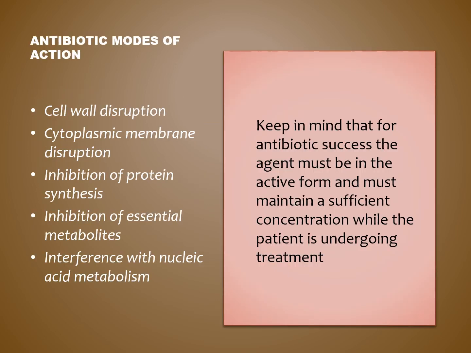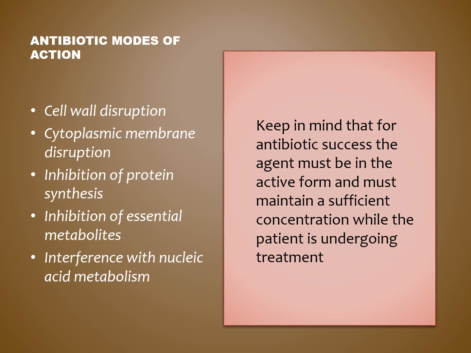Now, antibiotics work in a number of different ways, and we're going to discuss all the different ways that antibiotics work. Antibiotics work by disrupting the cell wall, cytoplasmic membrane disruption, inhibition of protein synthesis, inhibition of essential metabolites, and finally interference with nucleic acid metabolism. And we'll talk about all of these, okay? But in cell wall disruption, the flow of nutrients in and out of the bacterial cell doesn't work.